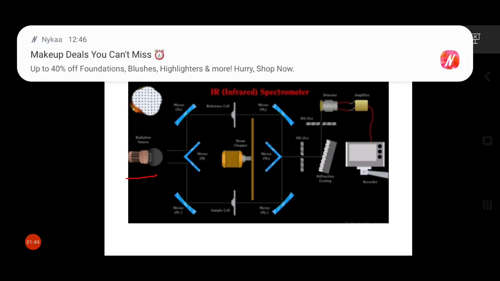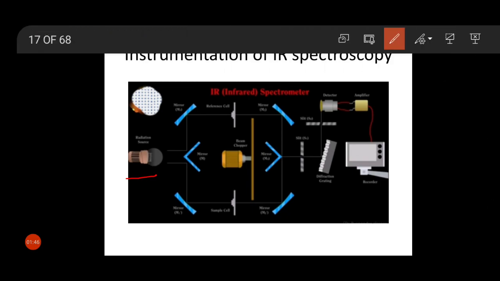So we can use different types of source. The first part of the IR instrument is the radiation source. It may be Nernst glower, globar, nichrome, or carbon dioxide laser.